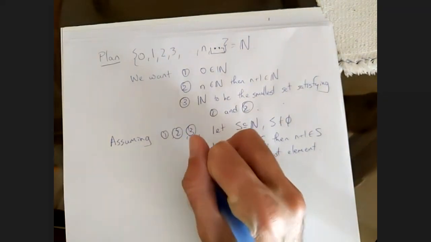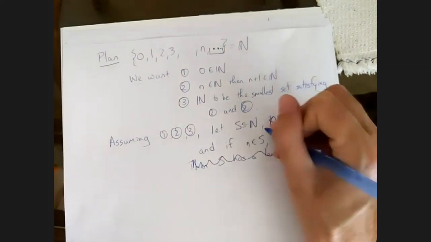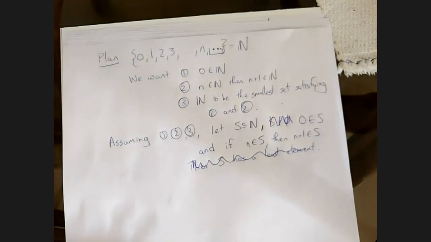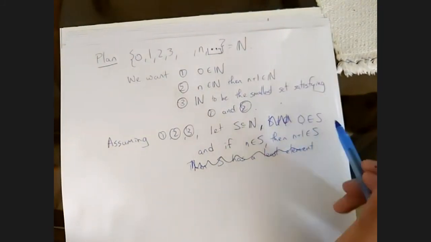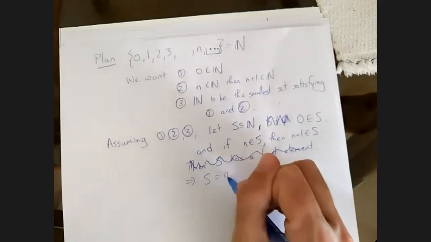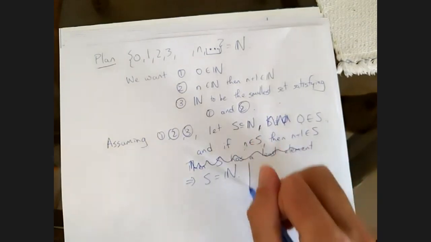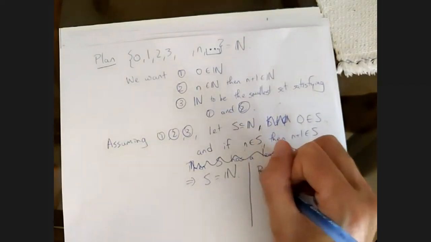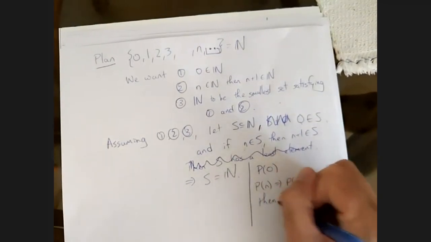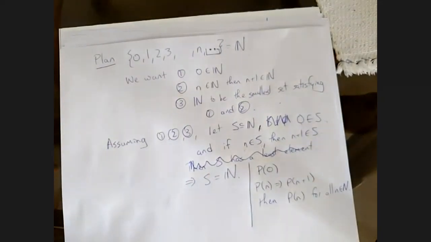No, I don't want to. No. I want 0 to be in S. Yes. Okay. So if S has 0 and, if n is in S then n plus 1 is in S, S is equal to N. And another way to state this is that if P of 0 and P of n implies P of n plus 1, then P of n for all n.